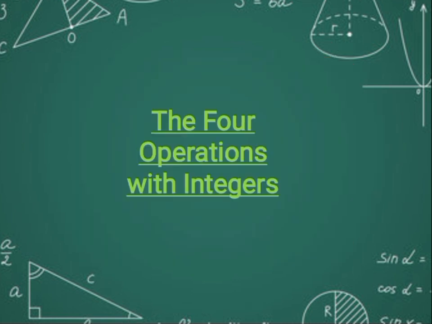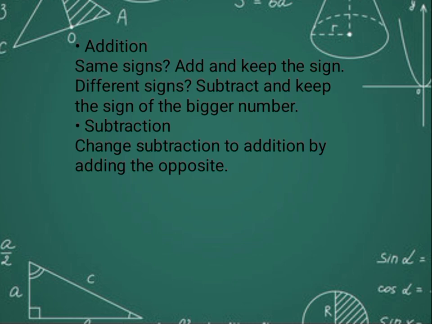So let's move on to the 4 operations with integers. In addition, same signs: add and keep the sign. Different signs: subtract and keep the sign of the bigger number.